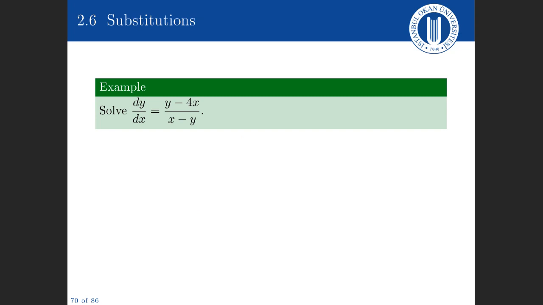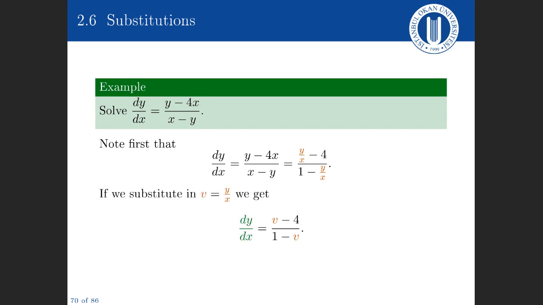So, for example, solve dy/dx is (y minus 4x) divided by (x minus y). Note first that if we divide through by x, the right-hand side becomes (y over x minus 4) divided by (1 minus y over x). This is a homogeneous equation. We're going to replace every y over x by v.